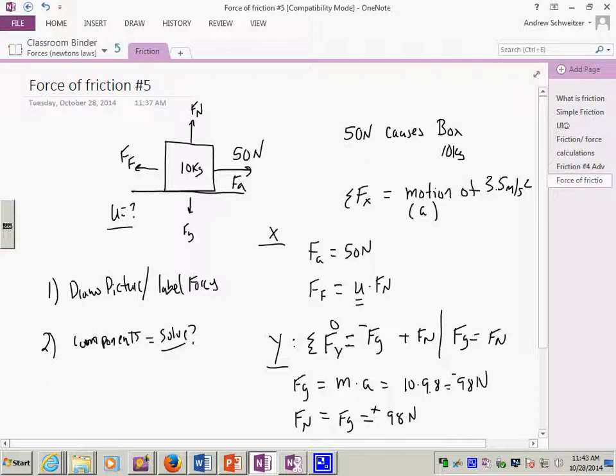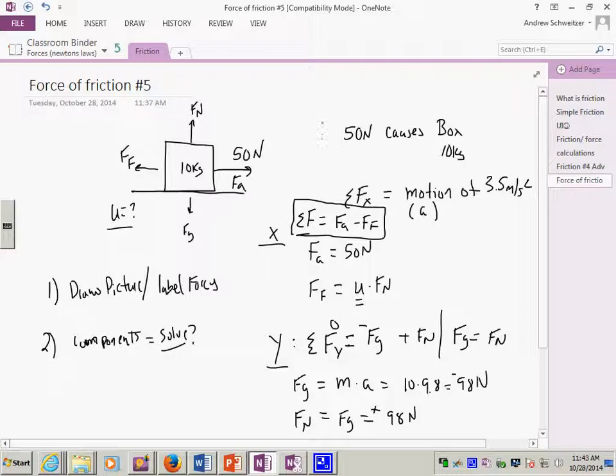In the X direction, we don't have any equality. We have a net force. The net force of this thing, well, this was not given, but we can find it very quickly, equals the force applied minus my force of friction. So keep this in mind for a moment, okay?